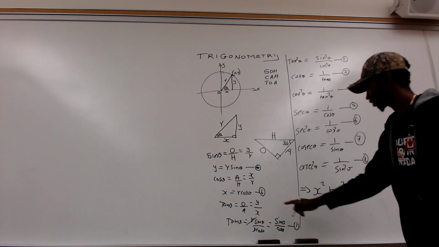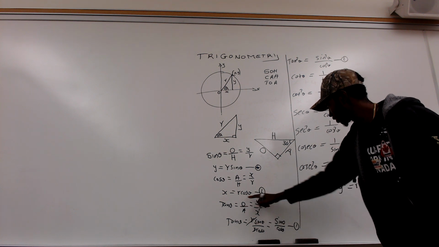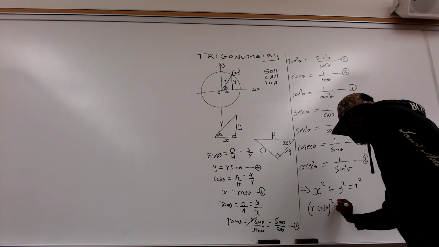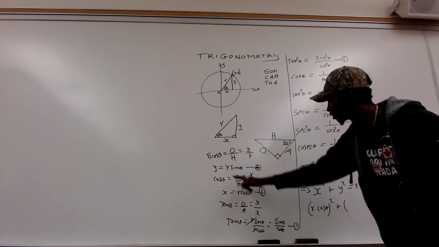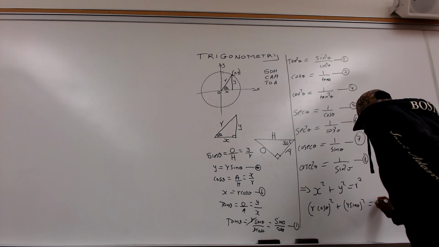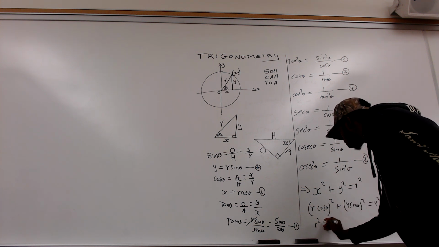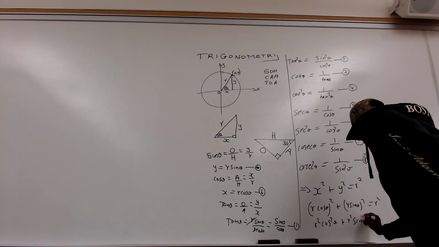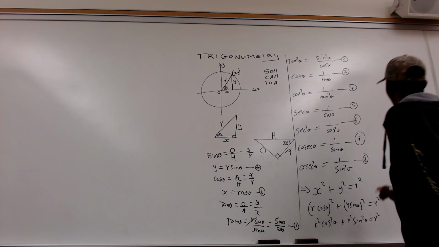But what is X? X is R cos theta, plus what is Y? Y is R sine theta, all squared equal to R square. If we expand, it's going to be R square cos square theta plus R square sine square theta equals R square.